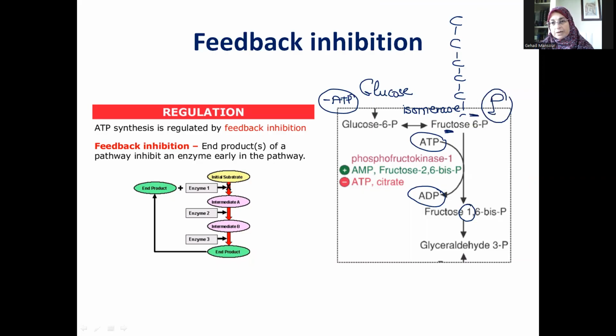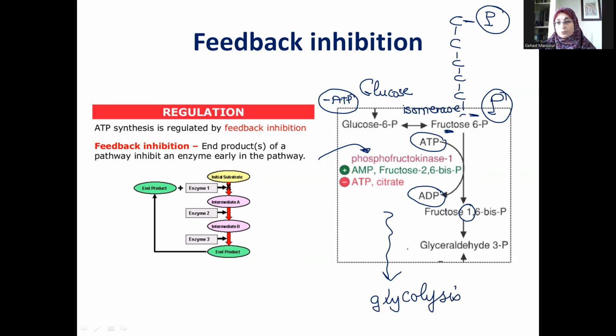Here we have a phosphate at position number 6, and then by further phosphorylation, we will have another phosphate at position number 1. The enzyme that stimulates that reaction is phosphofructokinase. This enzyme stimulates the formation of fructose 1,6-biphosphate and therefore stimulates glycolysis to continue and to proceed.